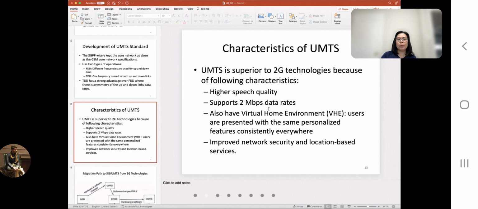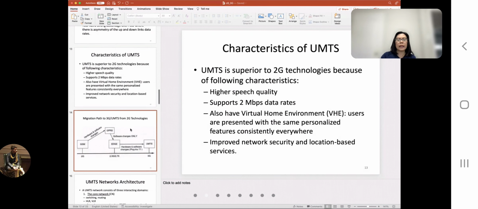And it provides a virtual home environment in the sense that users are given the same personalized features everywhere when he or she moves from one base station to another, from one carrier to another carrier. They are given consistent personalized features in that sense. And it has much improved network security and location-based services.